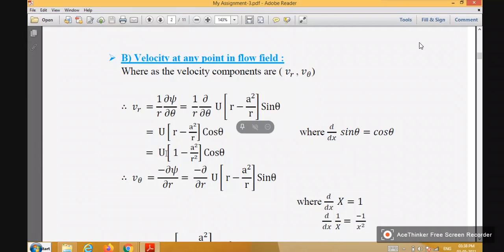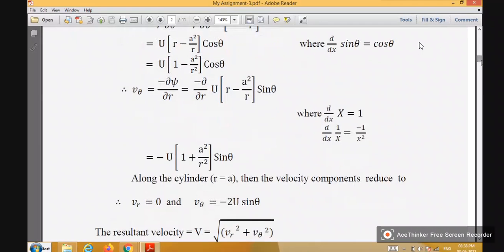Then for the v theta component, velocity component v theta is minus dou phi by dou r, which is the formula we know, and we substitute psi in this equation. With respect to r we are partially differentiating.